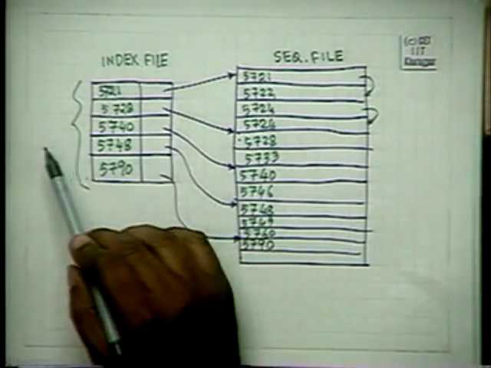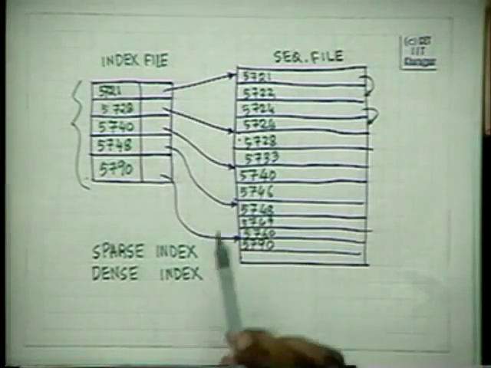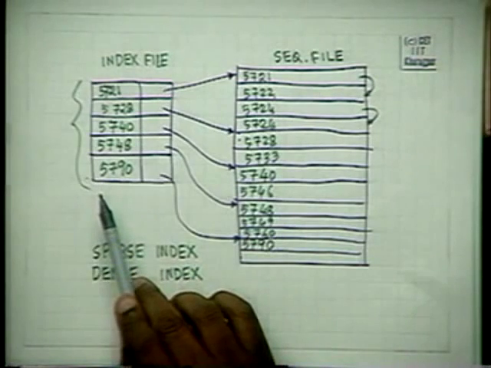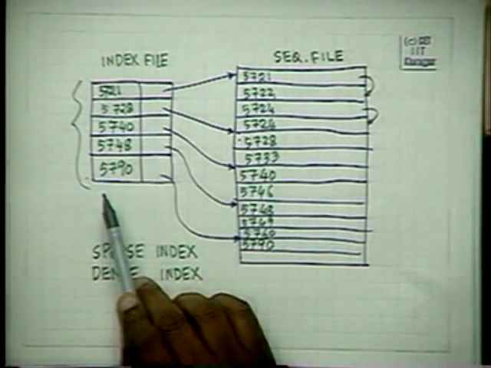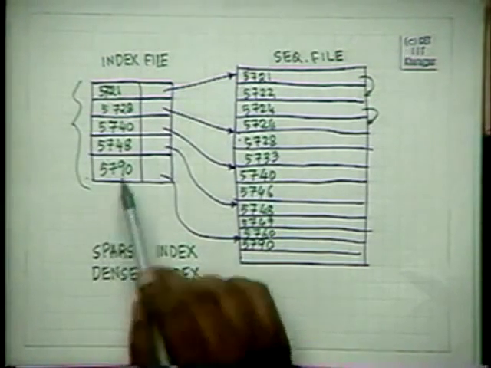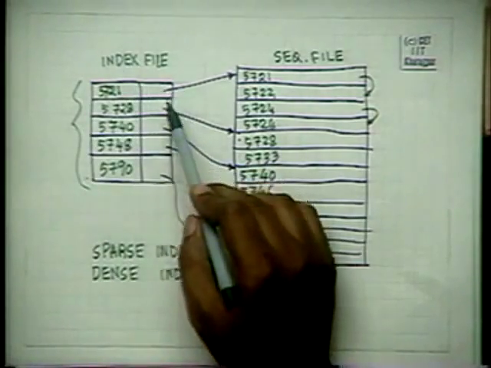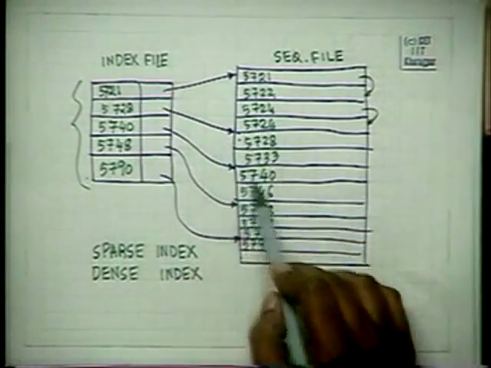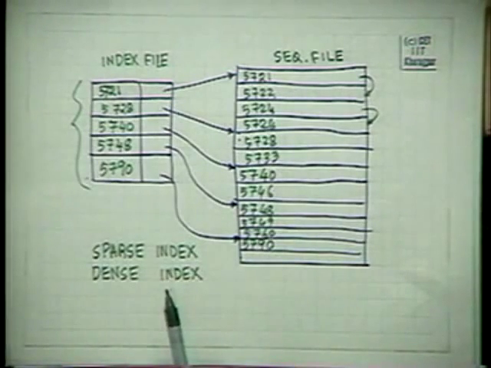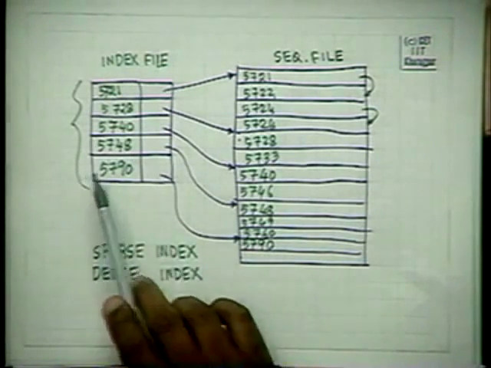So in order to increase our accessing speed, we have put in another file which is called the index file, and we will first search this file, get the appropriate pointer, and then search the sequential file. So that is why it is called an indexed sequential file.